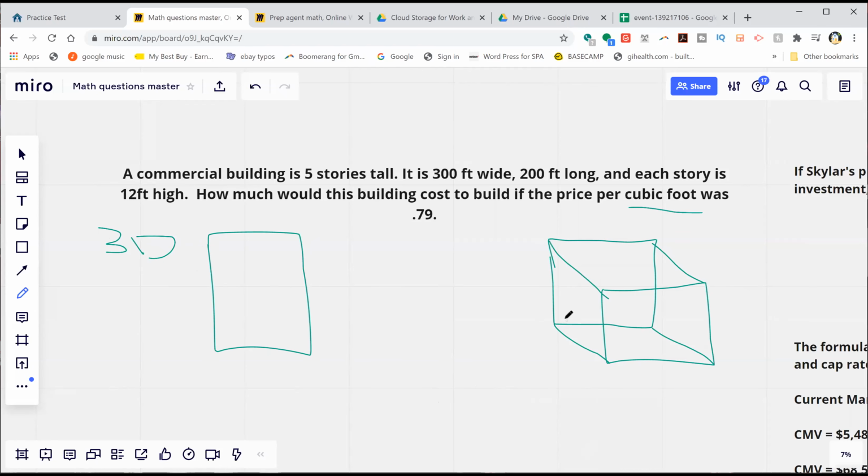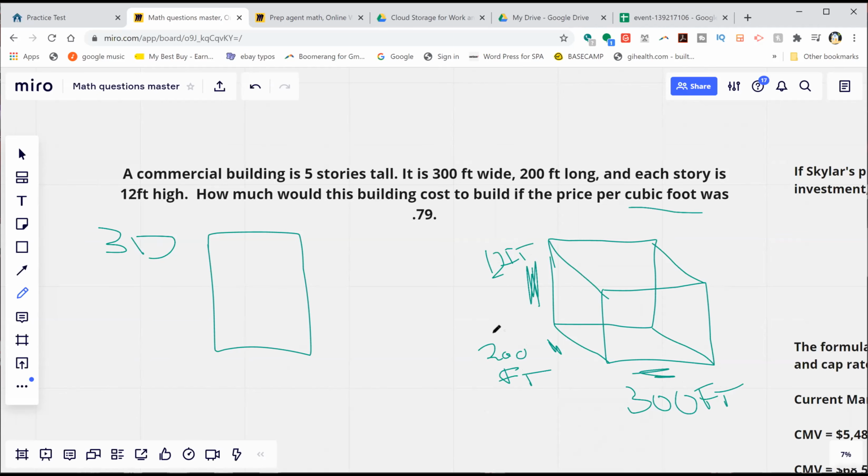So there's three axes on this. There's this one, and then the height. So what is the first thing we're going to do? This is 300 feet wide, right? And then it is 200 feet long and 12 feet high.